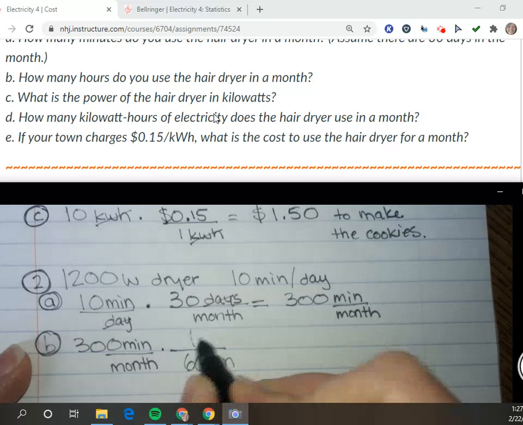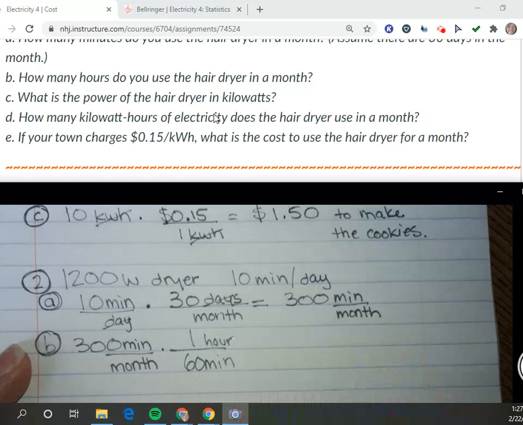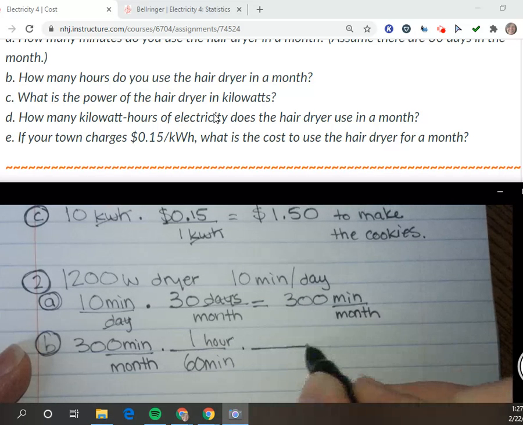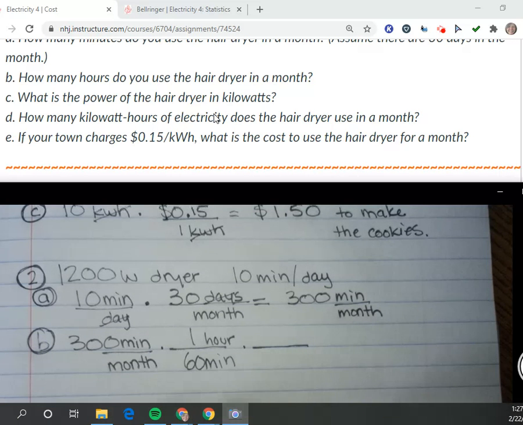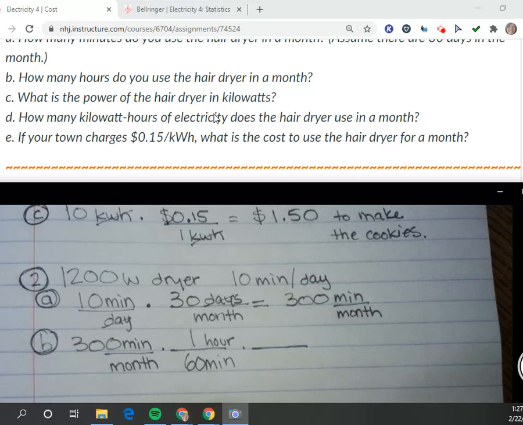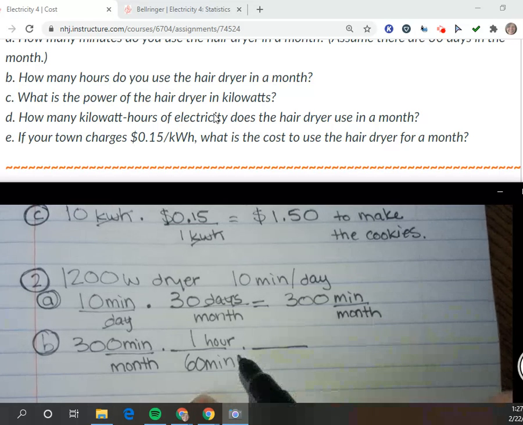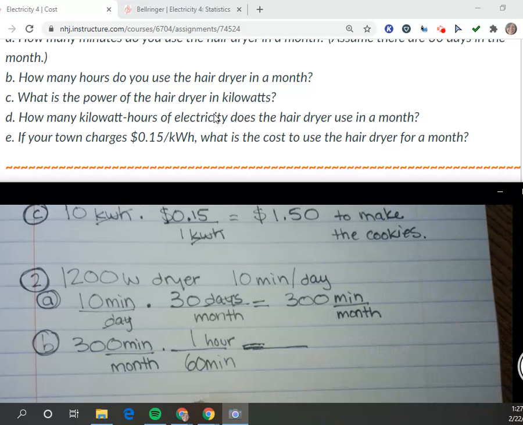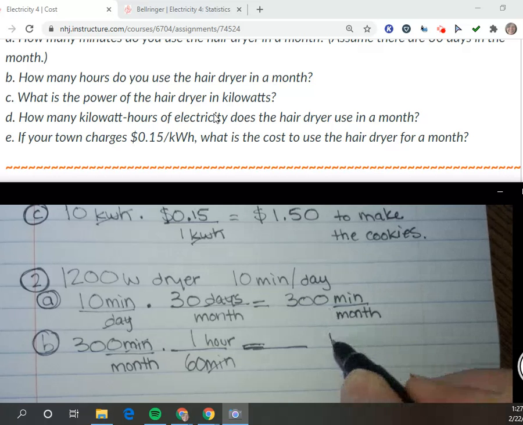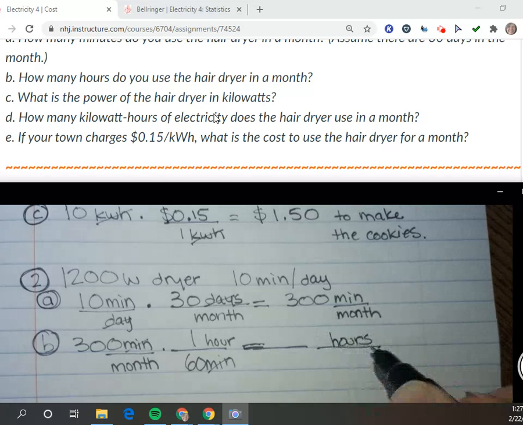I know that there are 60 minutes in 1 hour. Okay, we just wanted hours. So we're actually done there. Then my minutes would cancel and I'd have hours per month.